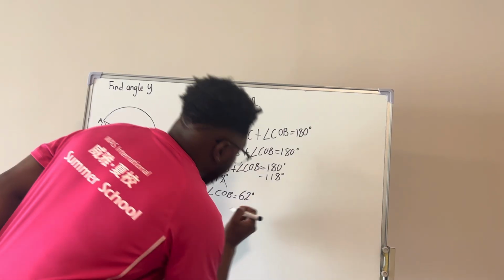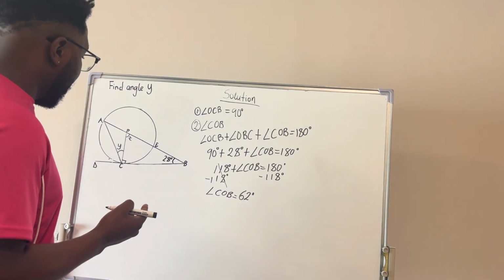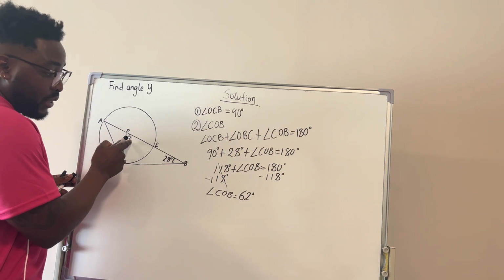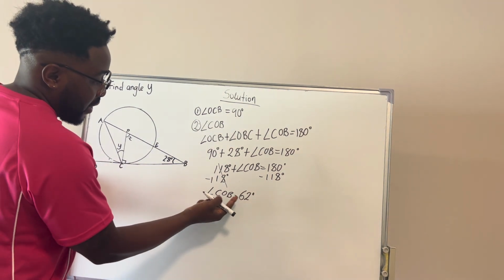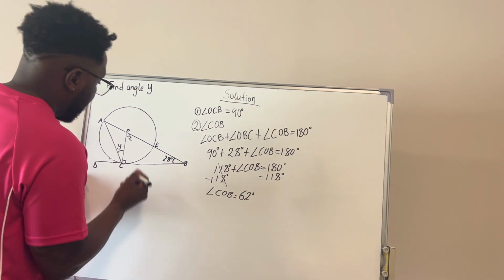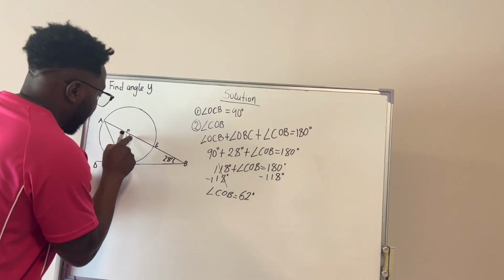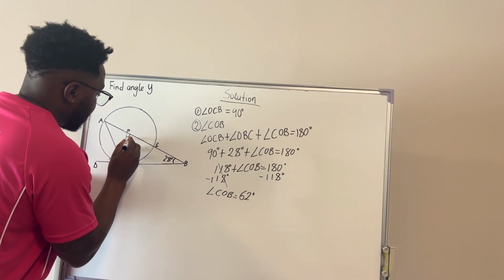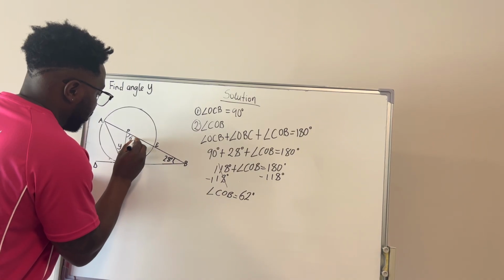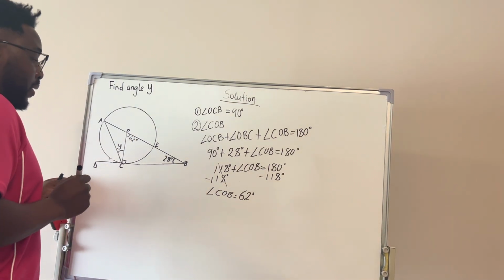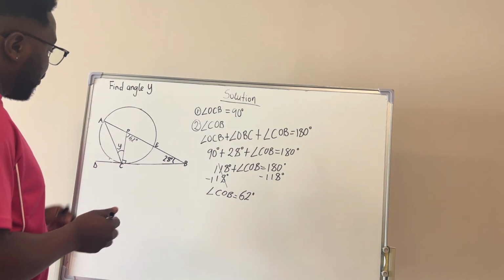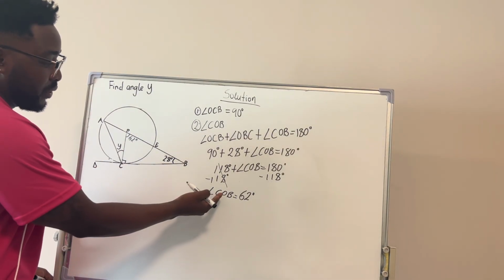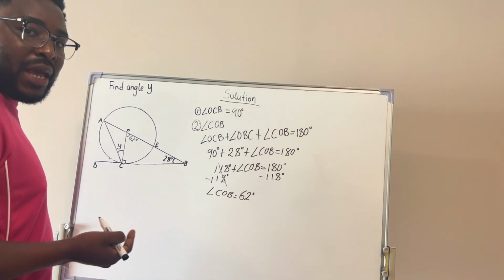62 degrees. So we have now found our angle X, or rather our angle COB, as 62. I'll take out my X here and just label it as 62 degrees. Now that we have found this angle, our COB, what would be our next step?